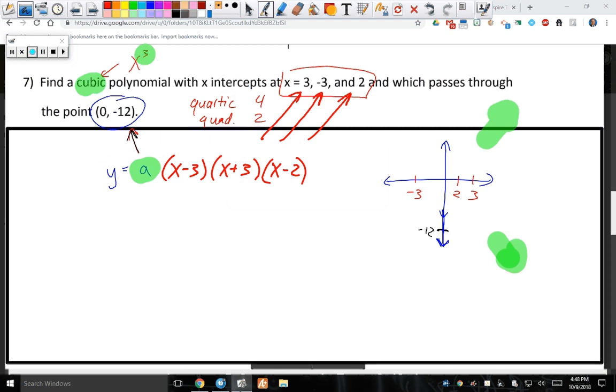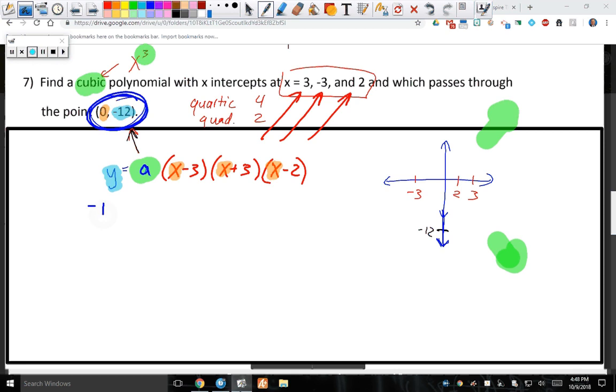And then we're going to use this point here to find our a value at the end. Let me highlight the x values in orange. All of these x values are going to be substituted with 0. And let's use blue. This negative 12 is going to be a y value, so that our only unknown becomes a.